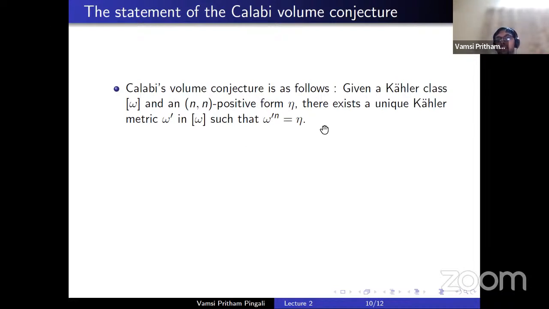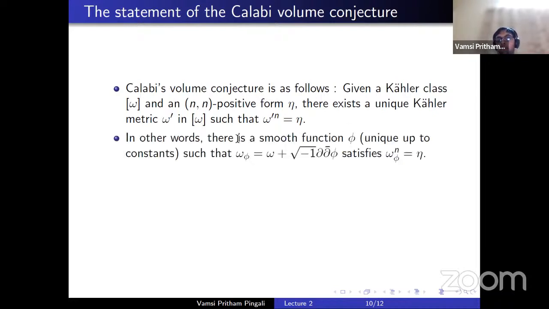So notice that this is a PDE. It may not appear to be a PDE, but it's actually a PDE. Why is it a PDE? Because every Kähler metric in this cohomology class is of a very specific form. It is of this type, omega plus square root of minus 1 del del bar phi, thanks to the del del bar lemma.